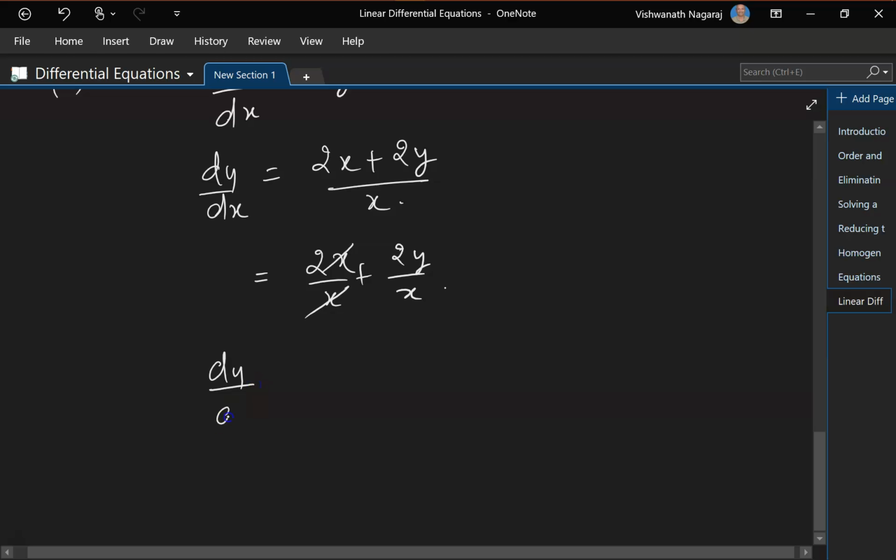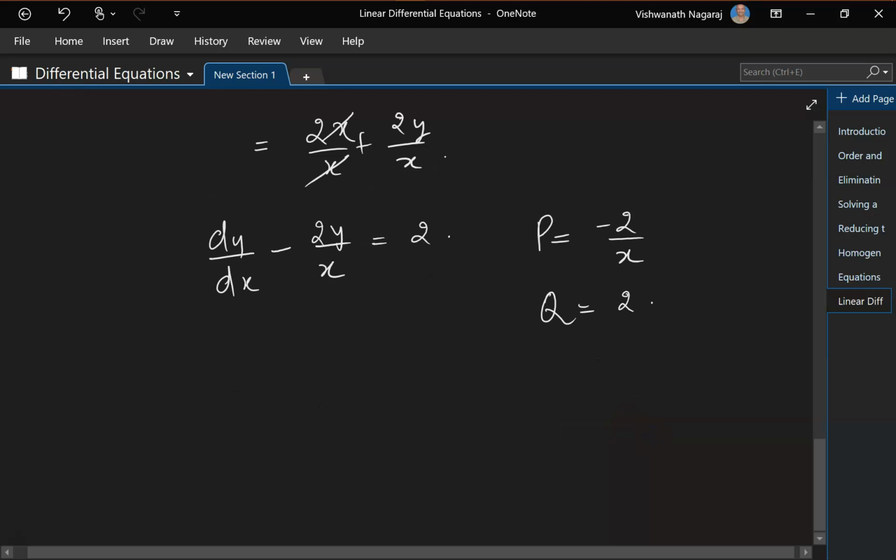So dy by dx minus 2y by x is equal to 2. So here p is equal to minus 2 by x and q is equal to 2. Remember, e to the power of integral of p dx is the integrating factor. So we have to evaluate that.